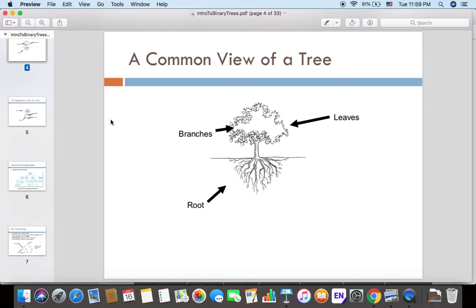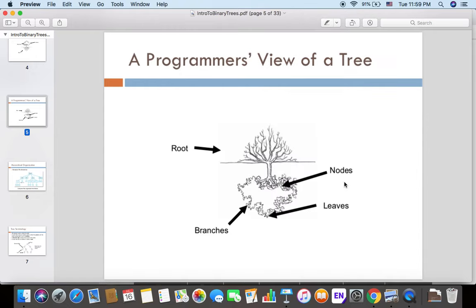So we have a common view of the tree that we can see in nature, in jungles and forests, that we have roots, branches and leaves. But the root is on the very bottom, then we have branches that connect different leaves together. But from a programming language perspective, that image is the reverse of the previous image. We have a root on the very top, then we have leaves, and we have branches that connect different leaves together.